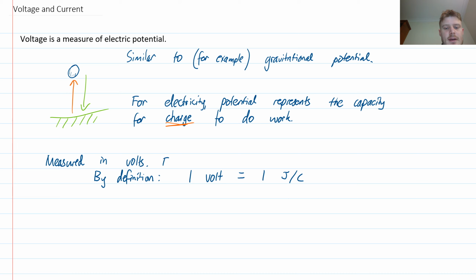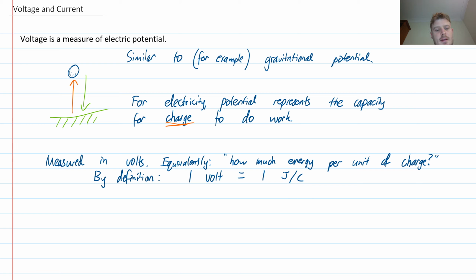So equivalently, how much energy per unit of charge? That's the question that is being asked by the measurement of a voltage. How much energy is there per unit of charge?